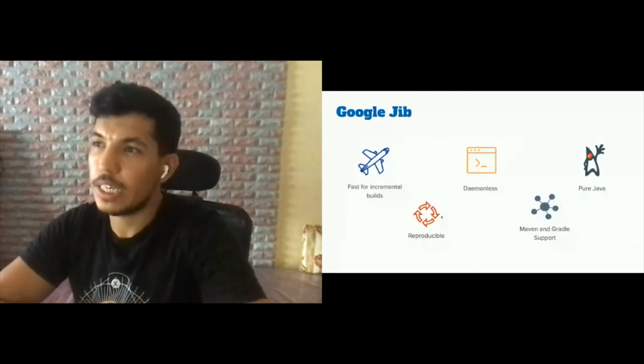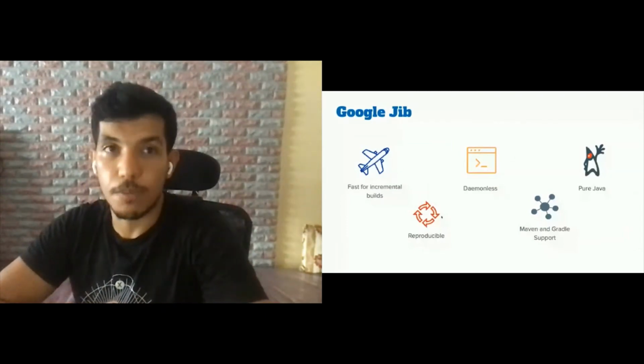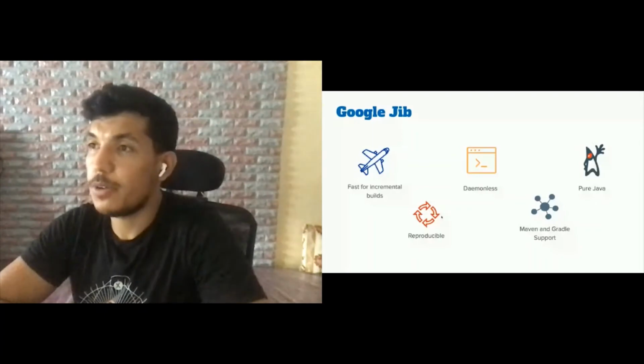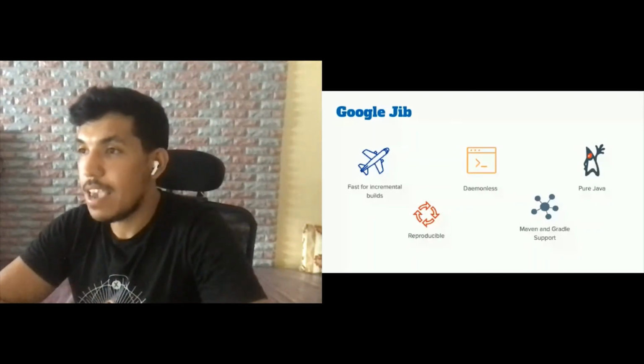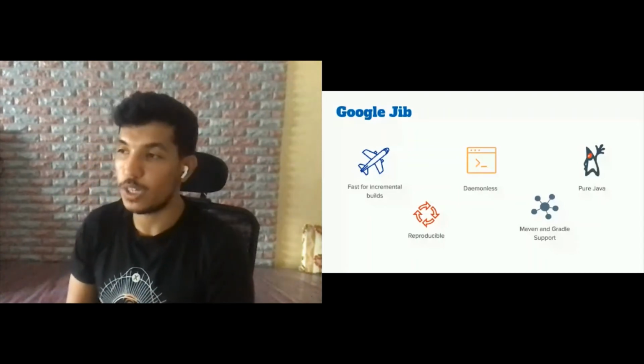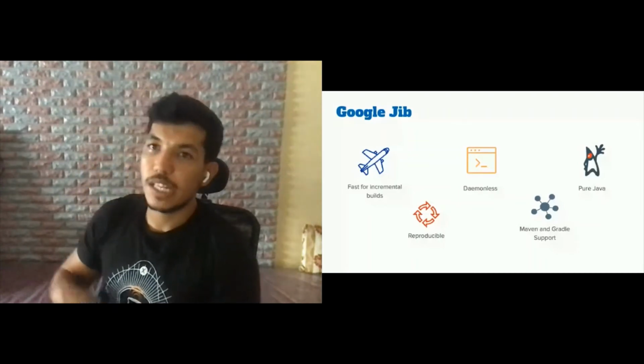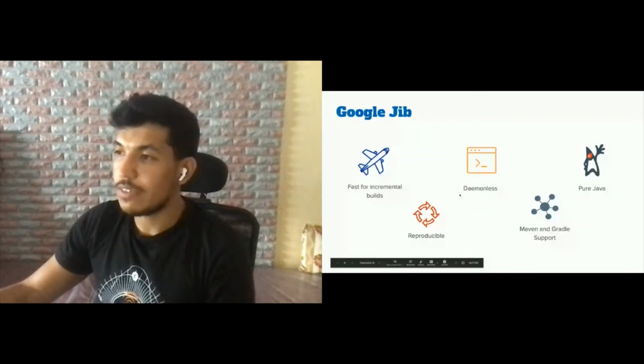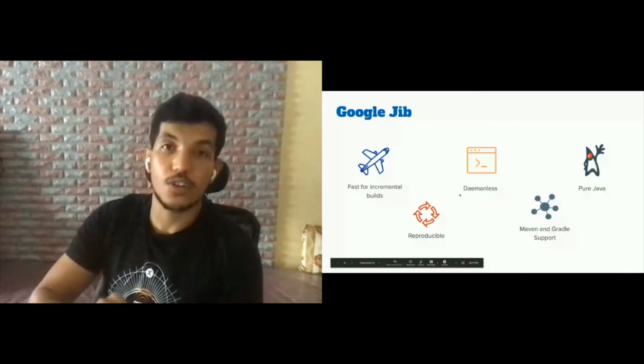Another amazing plugin worth mentioning here is Google Jib, and you probably already heard about it. Jib is a pure Java plugin available both in Maven and Gradle, and it enables us to build images without the need of a Dockerfile, and without even the need of a Docker daemon inside of our machine.